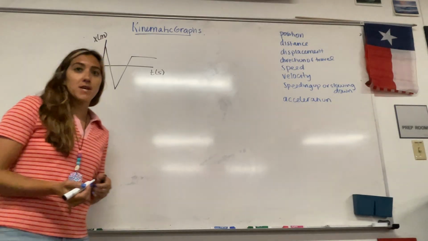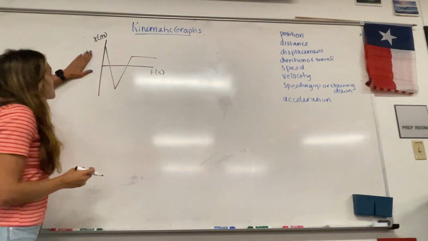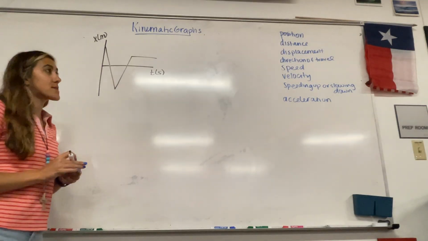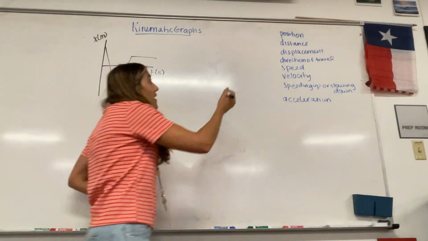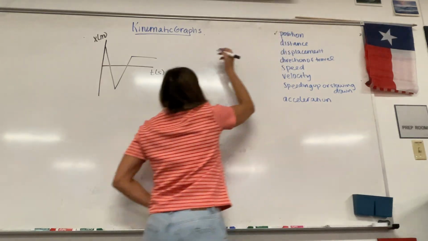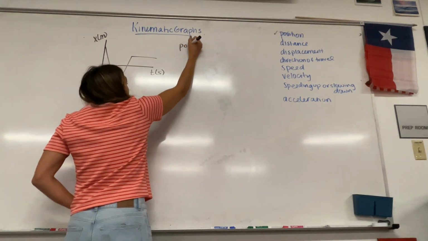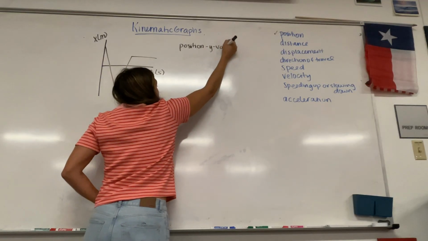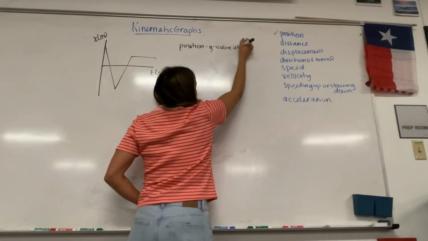So this is my first example. Okay, so this is my position time graph, and I'm going to see what I can find over on this list of things. So first off, I can definitely find position. So position would just be the y value at a given time.